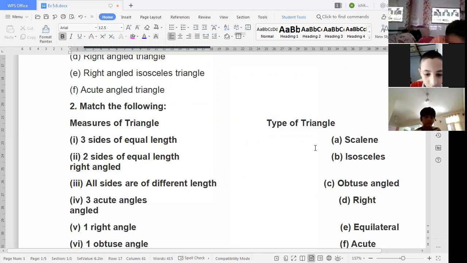Madhav, your spelling is wrong. Yes, Shubhatre, you are absolutely right. Write down the answer in the chat box. Your voice is not coming, sorry. Yes, it is correct. Arush, absolutely right. So one obtuse angle means obtuse angled triangle.